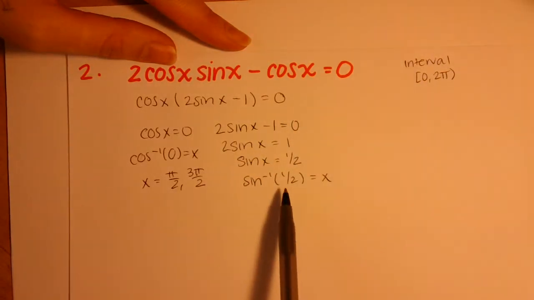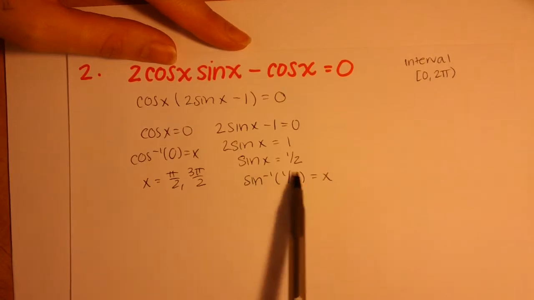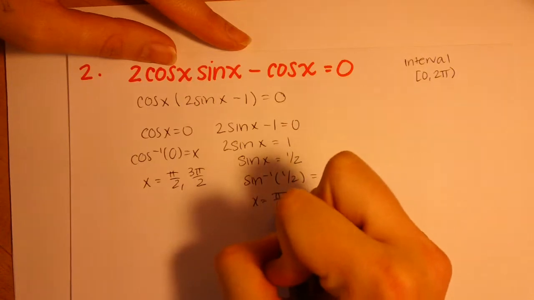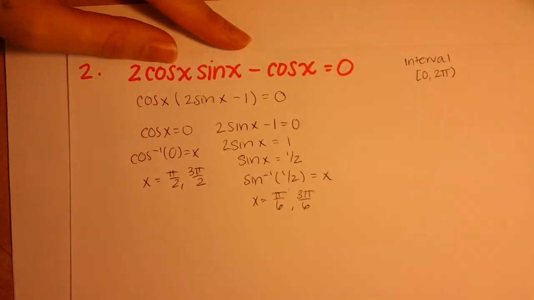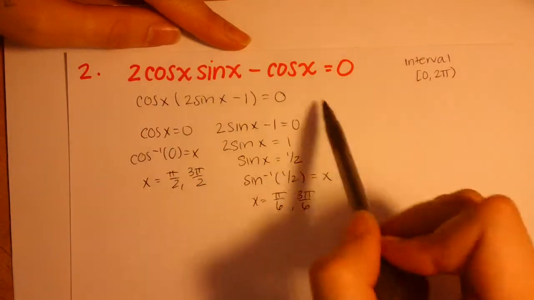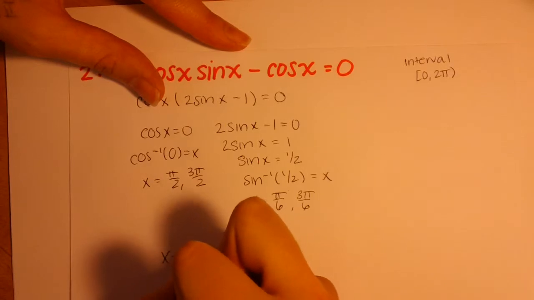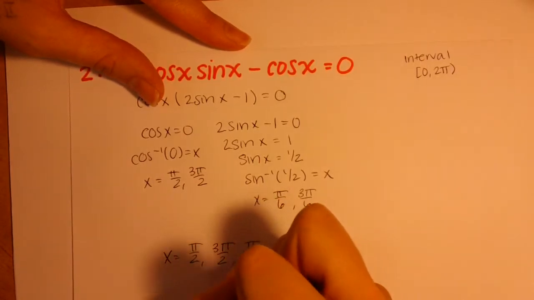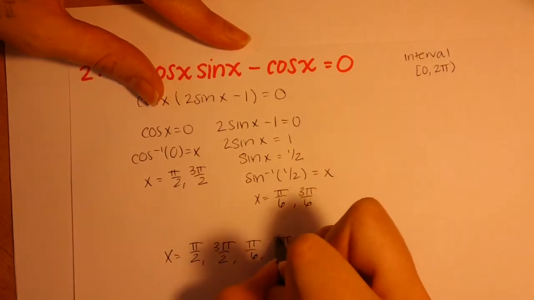So you're going to know at what angle the sine is 1/2. So this is going to be pi over 6 and 5 pi over 6, and you can verify this using our unit circle. And there are no additional restrictions, so our answers are x equals pi over 2, 3 pi over 2, pi over 6, and 5 pi over 6.